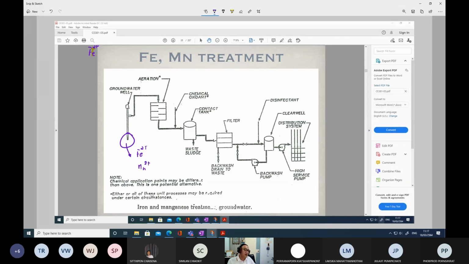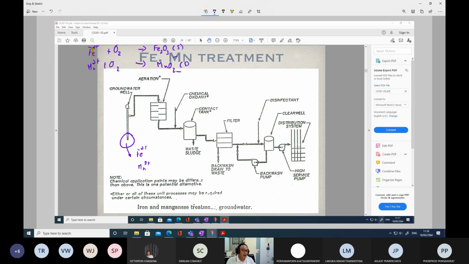But if we expose these two to oxygen, the iron will react with the oxygen and become Fe2O3, which is the precipitated form. The same as the manganese. If we expose water containing manganese to the air, we will get MnO2. This is also the precipitated form.